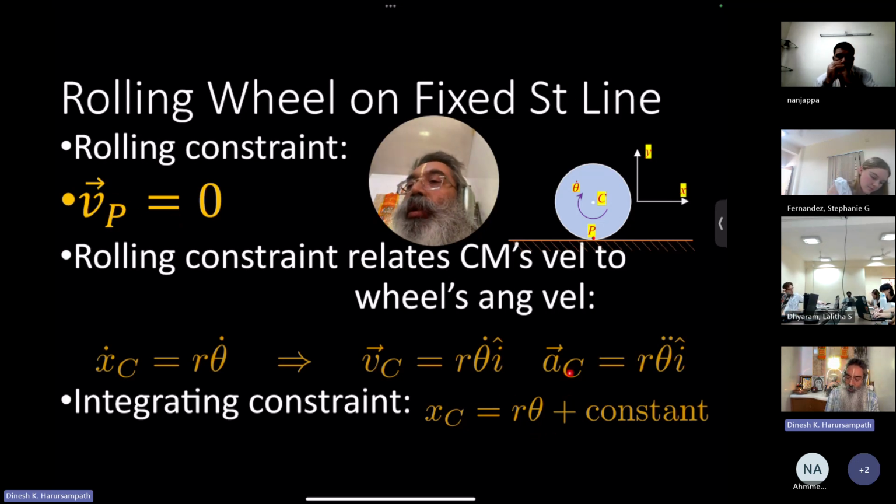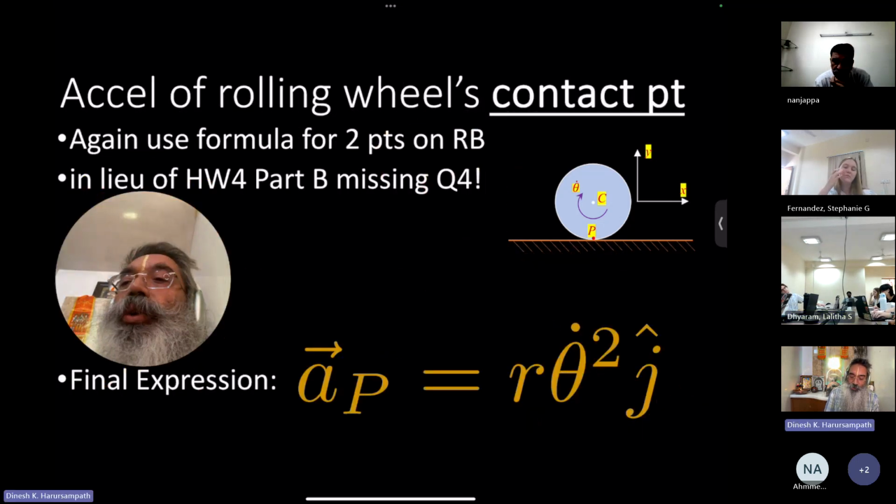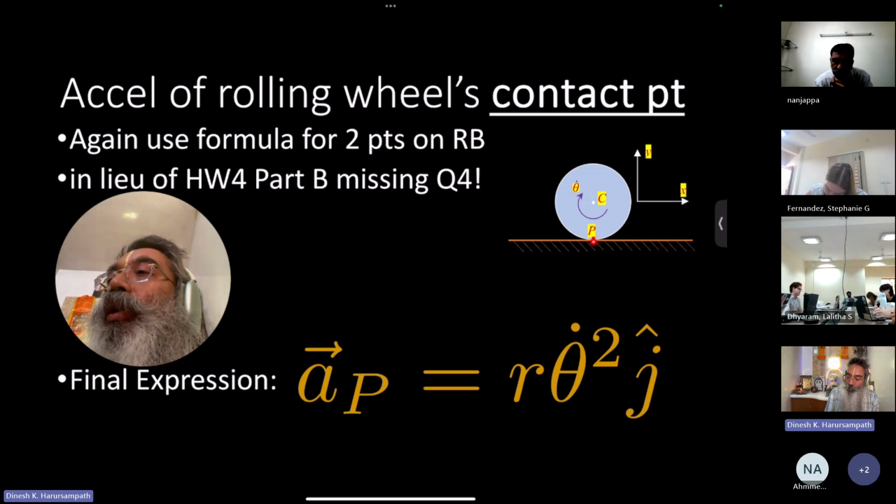But what we talked about over here is just the acceleration of the center of mass alone. So what I would like you to do is to utilize the formula that we already have for 2 points on the rigid body, because both P and C instantaneously can be thought to be a part of the same rigid body. And using that and using the value for AC that we had in the previous slide, I want you to get to AP.